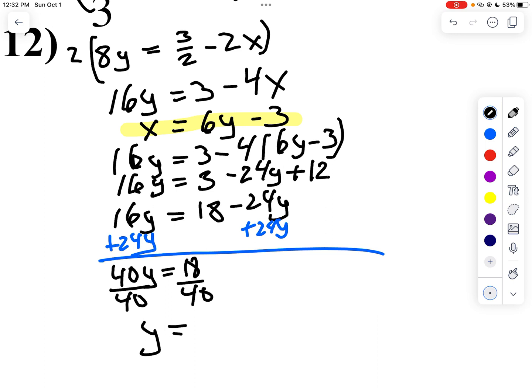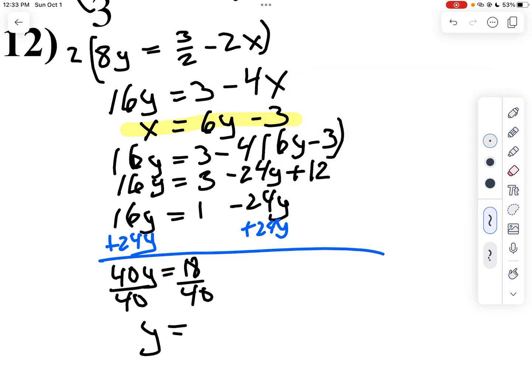And notice, what can I divide by here? Oh my goodness, what's 3 plus 12? That's 15. Whoa, I didn't mean to do that. Let me see if I can make this a little bit smaller.